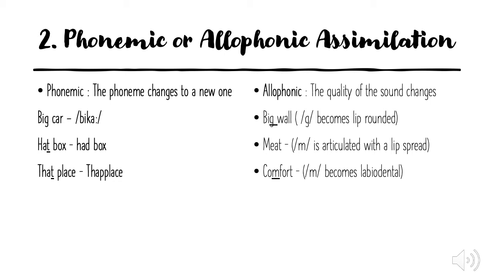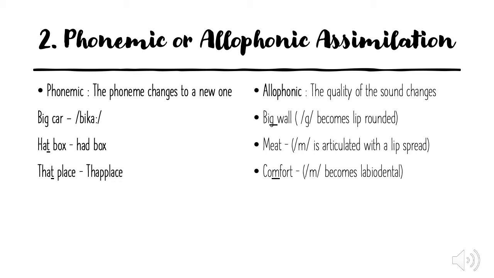Now, when you say "big wall," look at the position of the lips. G by itself involves a position very close to a lip stretch position. But in speech, when G comes in the close vicinity of a lip rounded sound, like W, for example, you notice that the lip position of G changes.